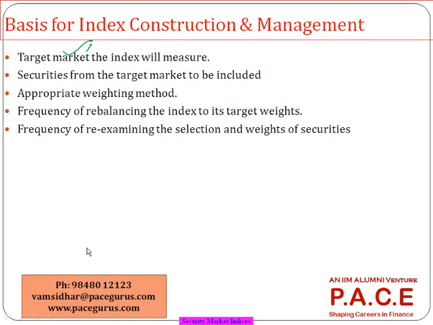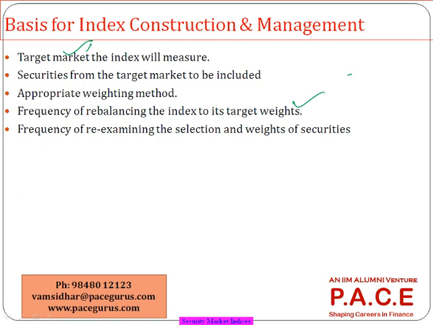Then I should also look at the rebalancing mechanism. Okay, how much weightage, and probably as time progresses, I should be able to change the weights also. Now I have given 10%, let's say, to India Bulls. But if it is not performing well, tomorrow I should bring down its weightage to some 7% or something.